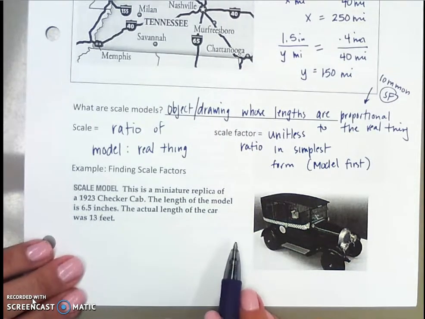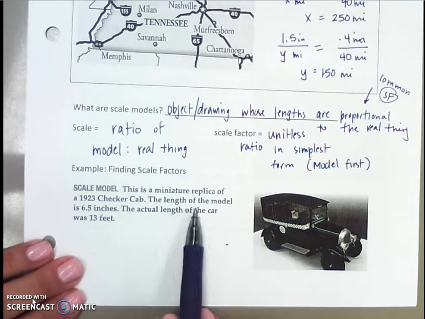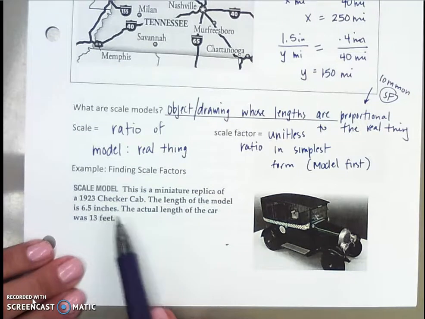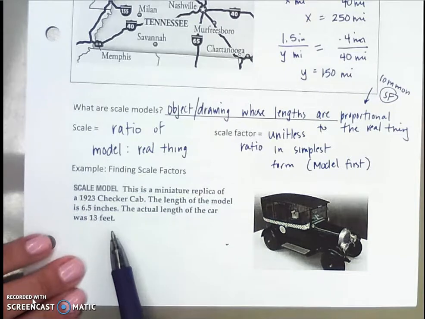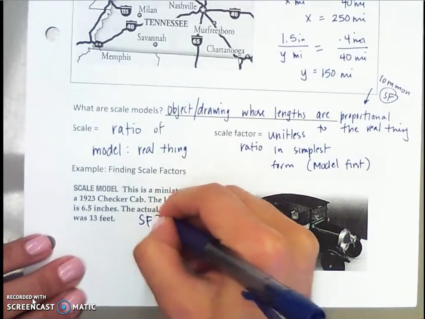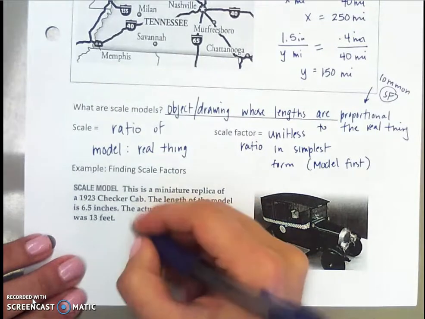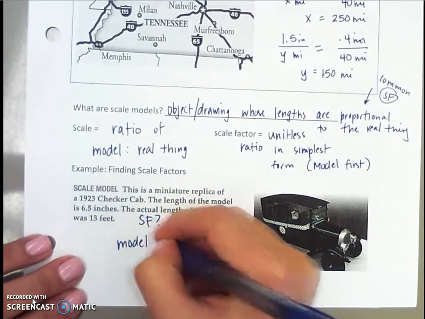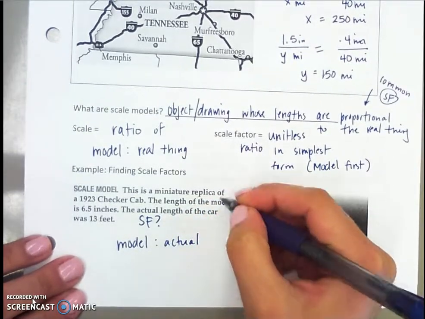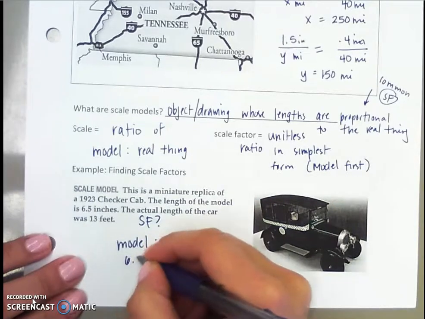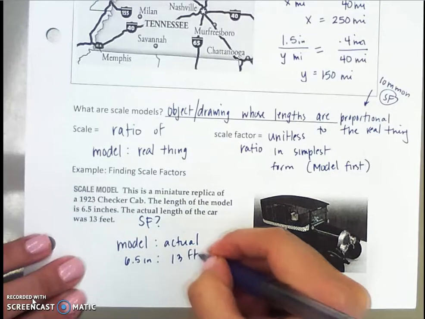So if you look at this example, this is a miniature replica of the Packard cab. The length of the model is 6.5 inches, and the actual length of the car is 13 feet. We want to figure out what's the scale factor. Based on this specific order for the scale, we need to do the model to the actual. The model is 6.5 inches to the actual, which is 13 feet.